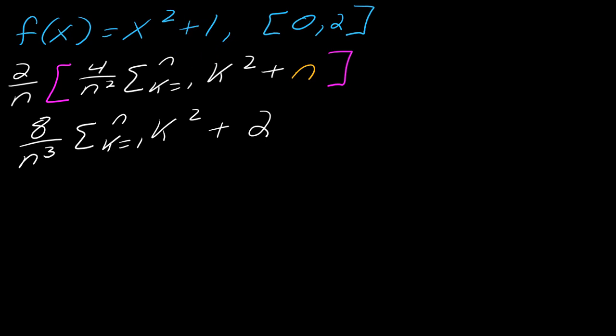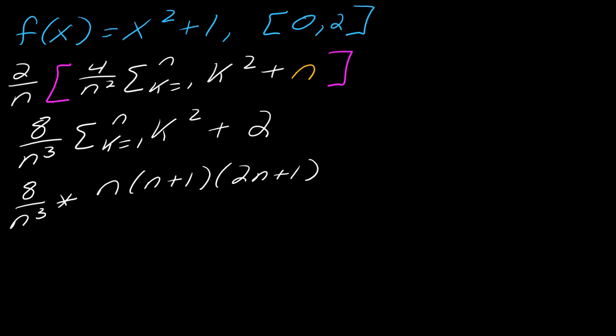So this will be 8 over n cubed times, so the formula for this is, let me write that down, n times n plus 1 times 2n plus 1, all of this over 6. So that gets me to taking care of this part here.